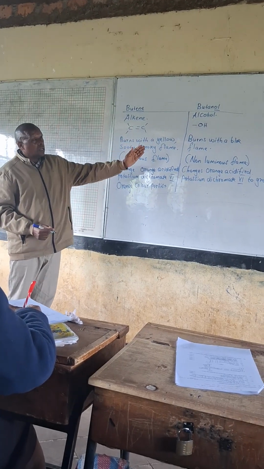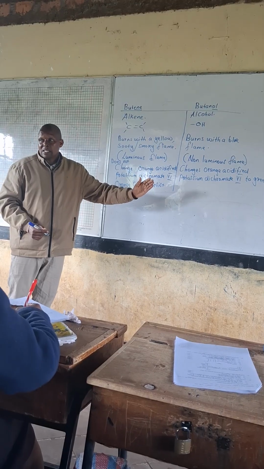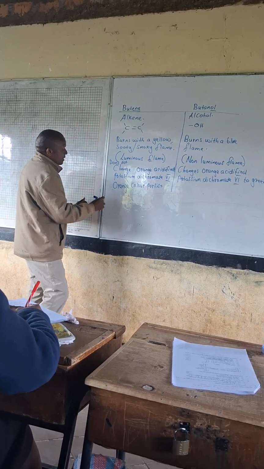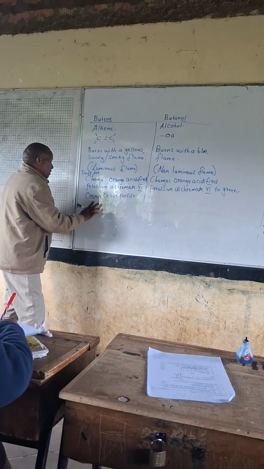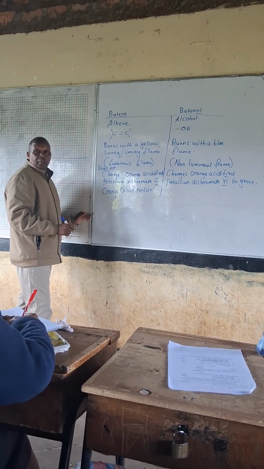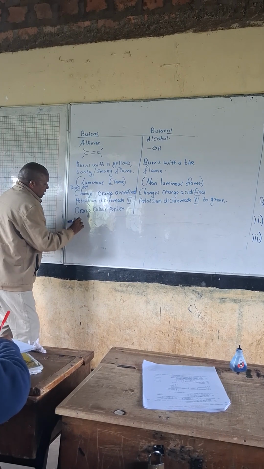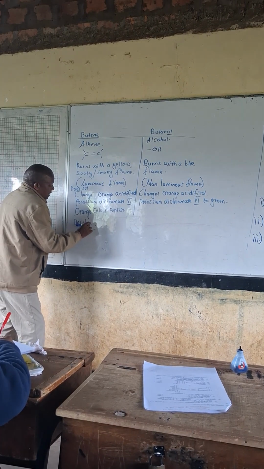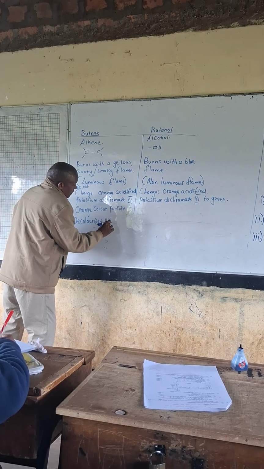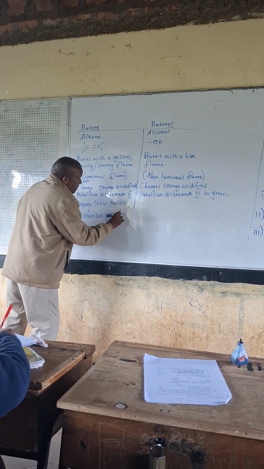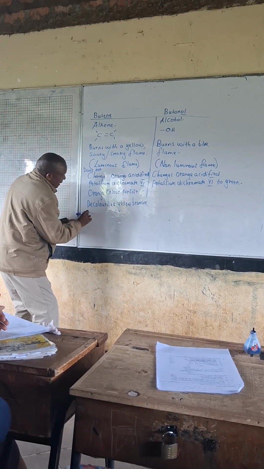But in butanol, the yellow bromine water color persists. Instead of talking about changes, let us talk about decolorizes yellow bromine water.